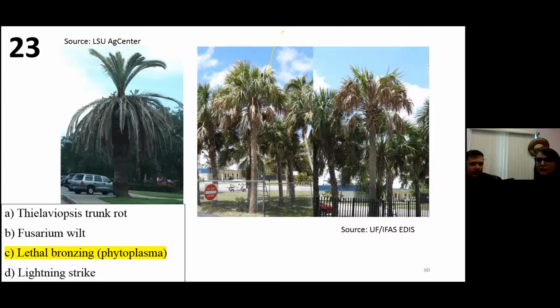And it can be spread by pruning tools as well. We have an example even in our research center: we have two palm trees in the front, and one of them looked super healthy and the other one started dying. So we can see the progress over time. Disease is always something that you're going to see over time.